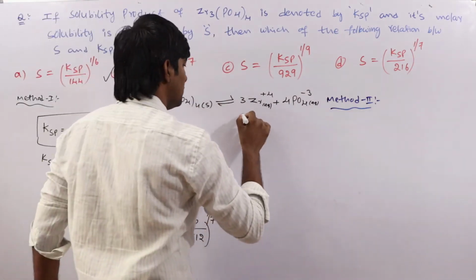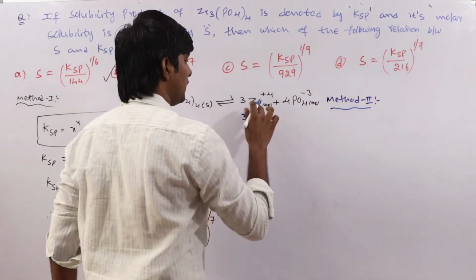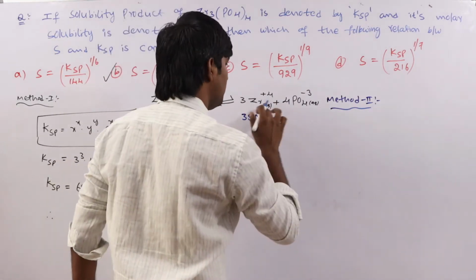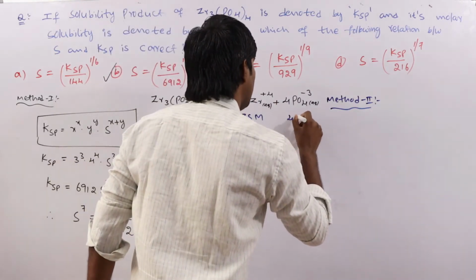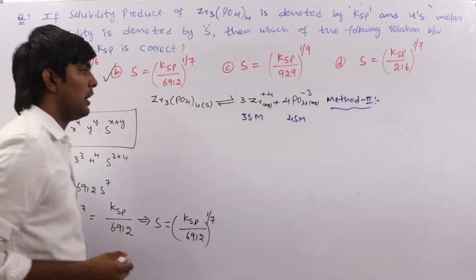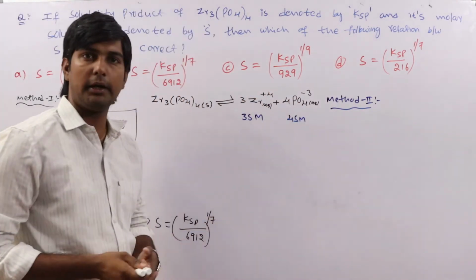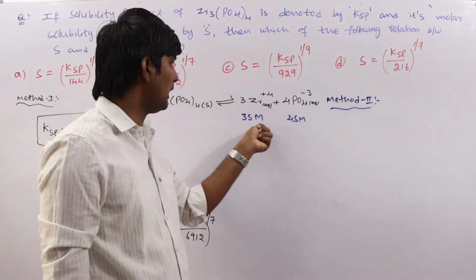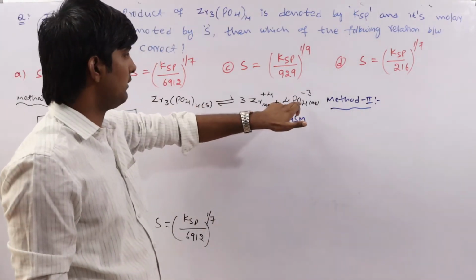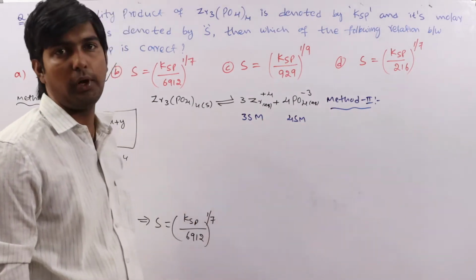Here 3s molar cation is formed and 4s molar anion is formed. So what is the concentration of cation in the solution? 3s molar. And the concentration of the anion? 4s molar.